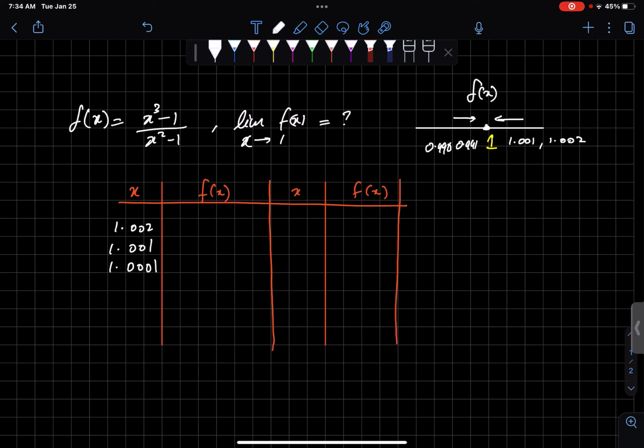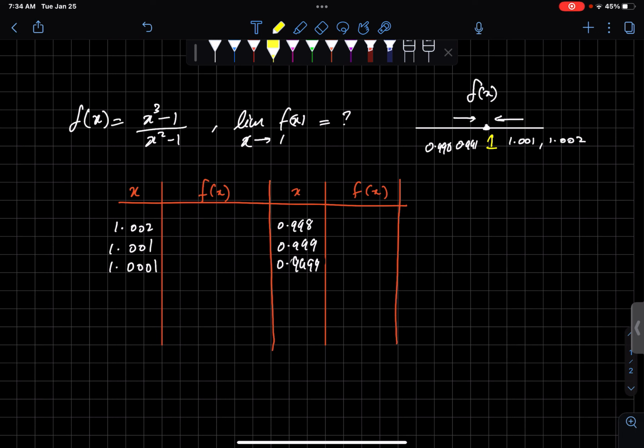And then we have other x values: 0.998, 0.999, 0.9995. All right, let's also say 0.9999999. So what is the value of this function f of x as we get closer and closer?